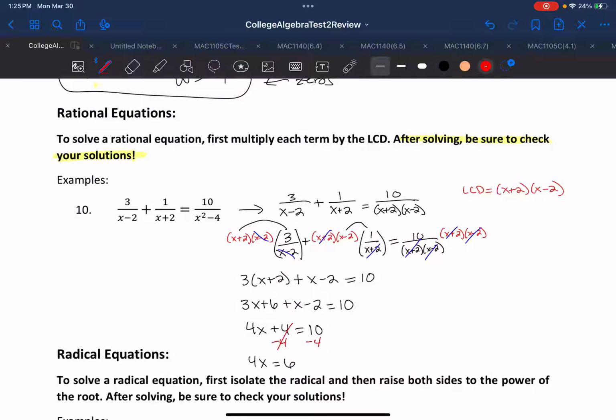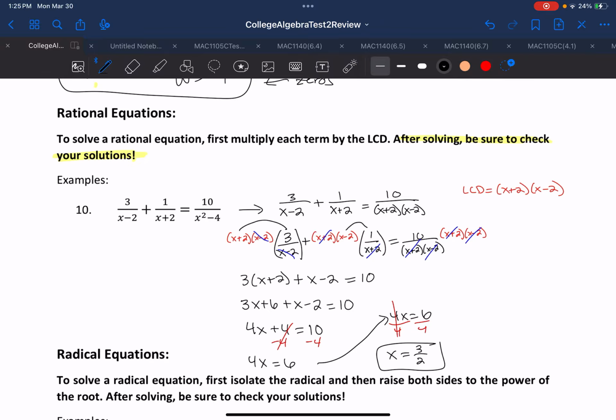And then divide both sides by 4. So x equals, if I divide 6 and 4 both by 2, that will give me 3/2.